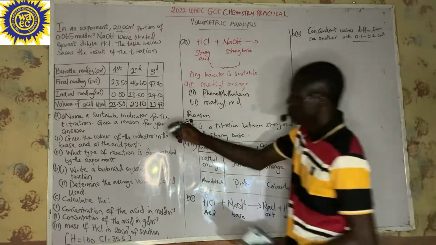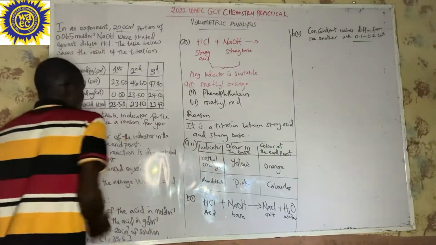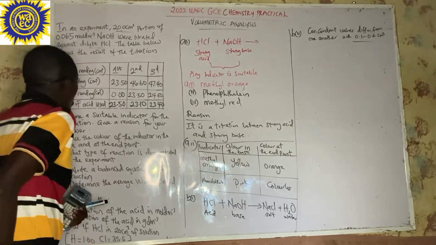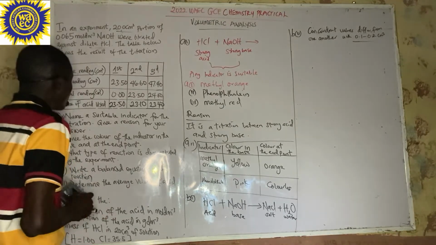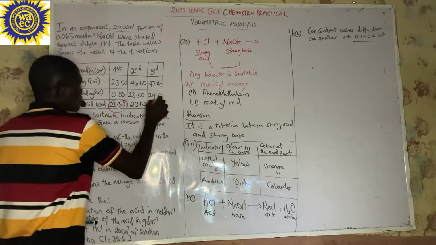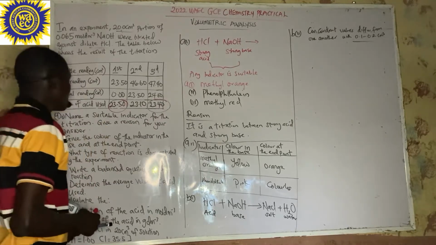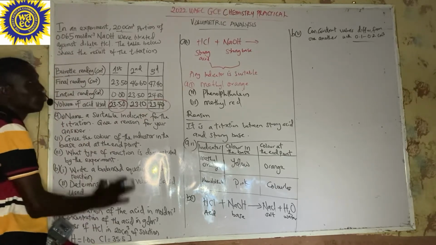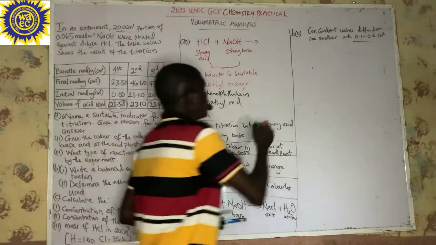Which means that the first titre value, which is 23.5, and the other concordant value are the titre values I want you to use to calculate the average volume of acid used.